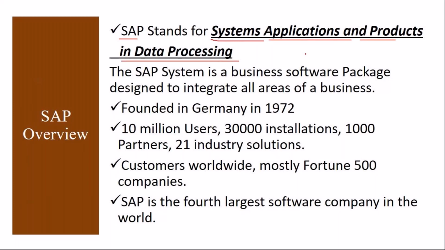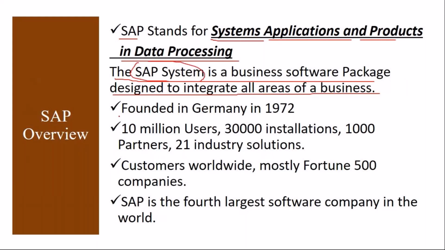The SAP system is a business software package designed to integrate all areas of a business, which is what we just discussed: purchasing, finance, planning, production, warehouse, sales, maintenance, and customer service. All those areas and their processes are integrated in a single system, SAP.